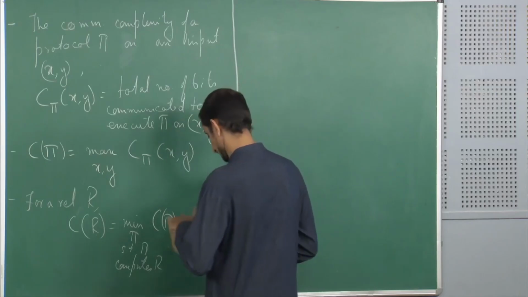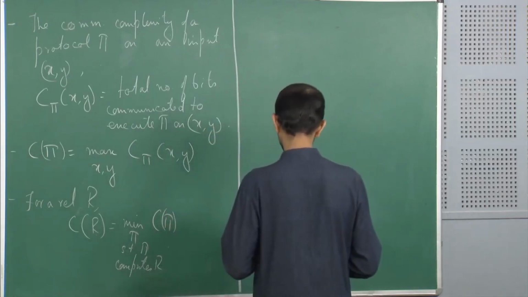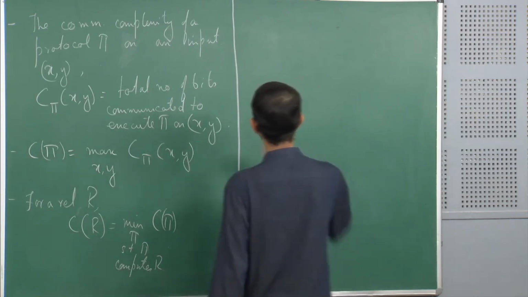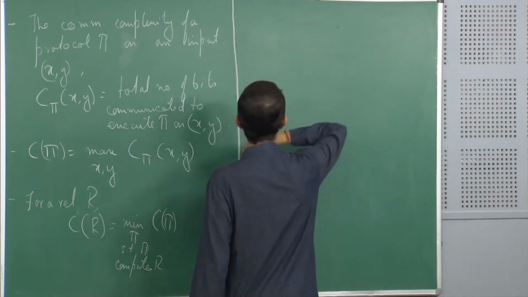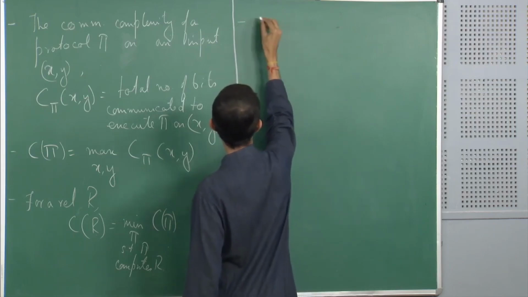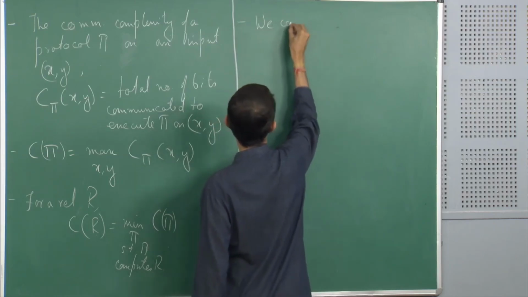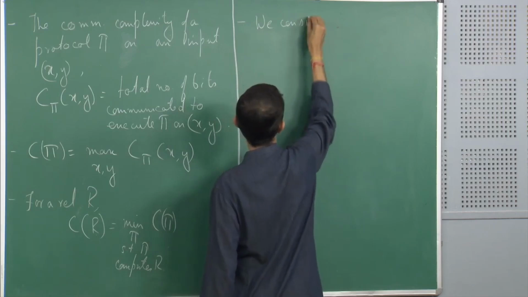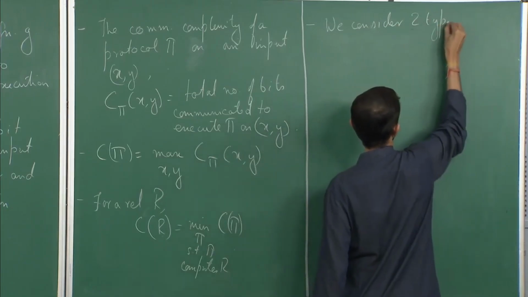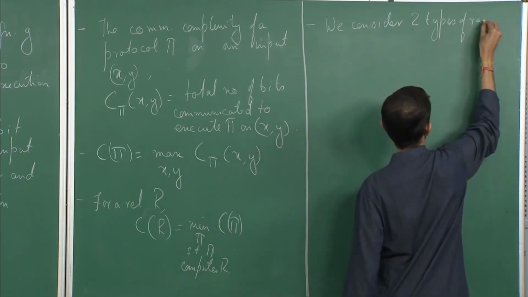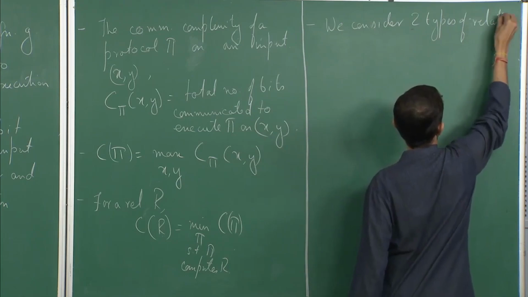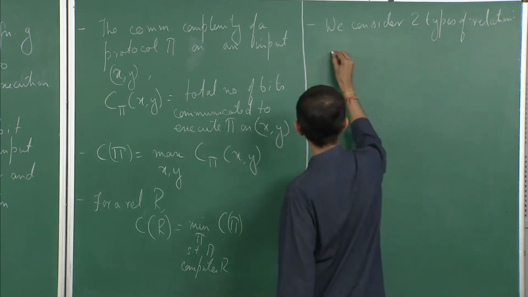So now we know what we mean by the communication complexity of a relation. So we will look at two types of relation, and in fact both are sort of similar. We consider two types of relation.